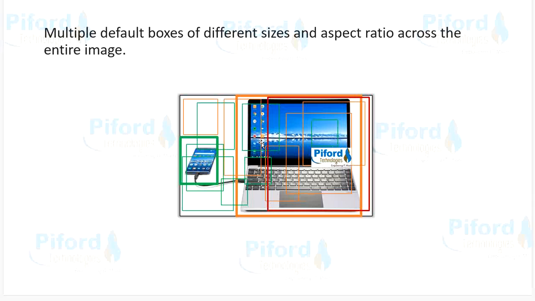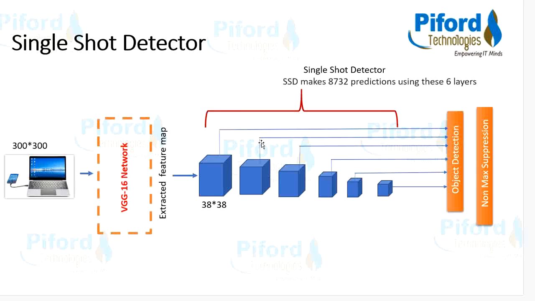We are saying multiple boxes, but how many multiple boxes? As I've just told you, for the object detection task SSD will predict 8732 bounding boxes per object.